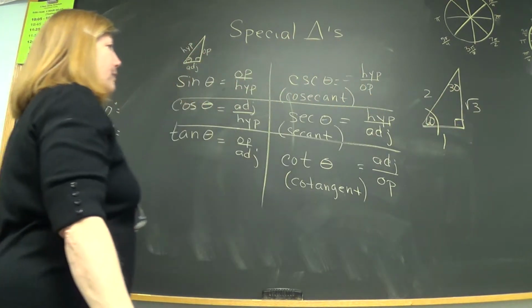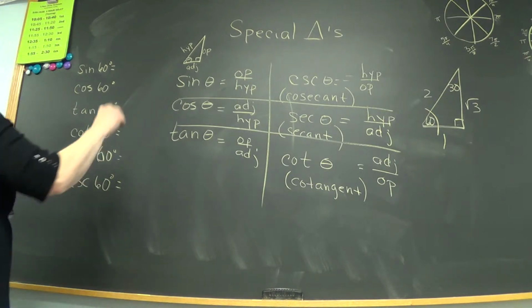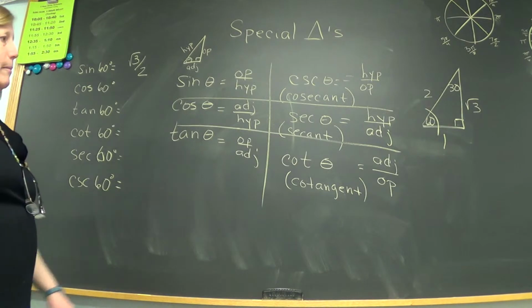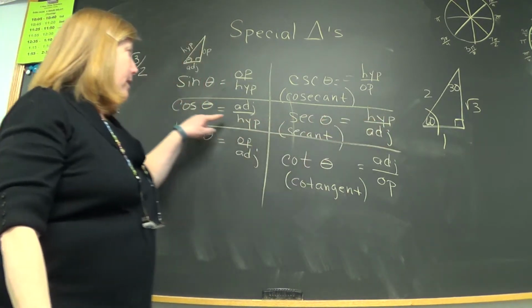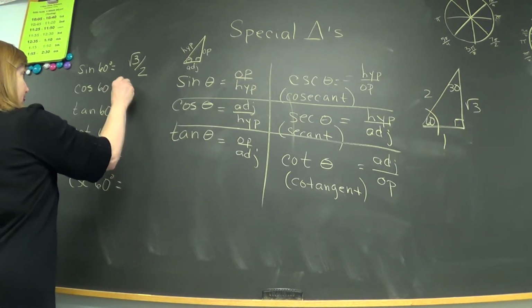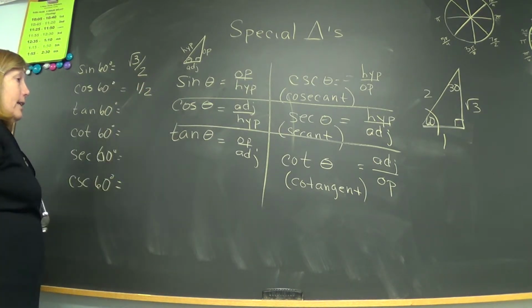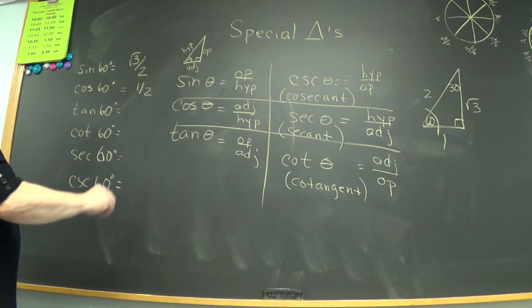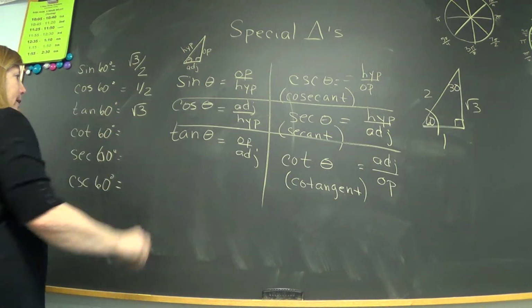So, square root of 3 over 2. Right. Same angle, 60. We're taking the cosine, which is adjacent over hypotenuse. 1/2. Right. Tangent of 60 is square root of 3 over 1. Right, I'll just write it as square root of 3.